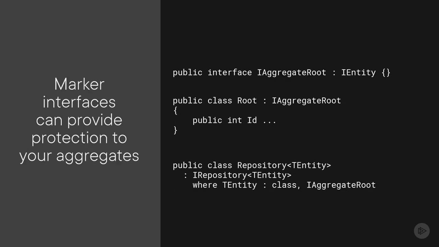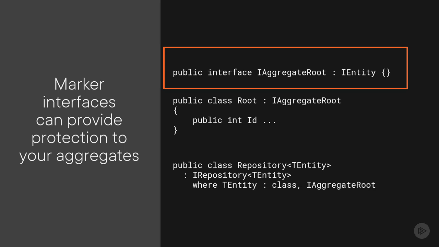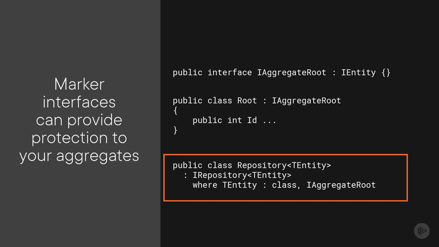If you really like the code reuse you get from having a generic repository implementation, one way to keep it from allowing too much access to the internals of your aggregates would be to use a marker interface, perhaps one that simply extends the entity interface to identify your aggregate roots. Then, you could update your generic repository to require this interface, rather than working with any entity.